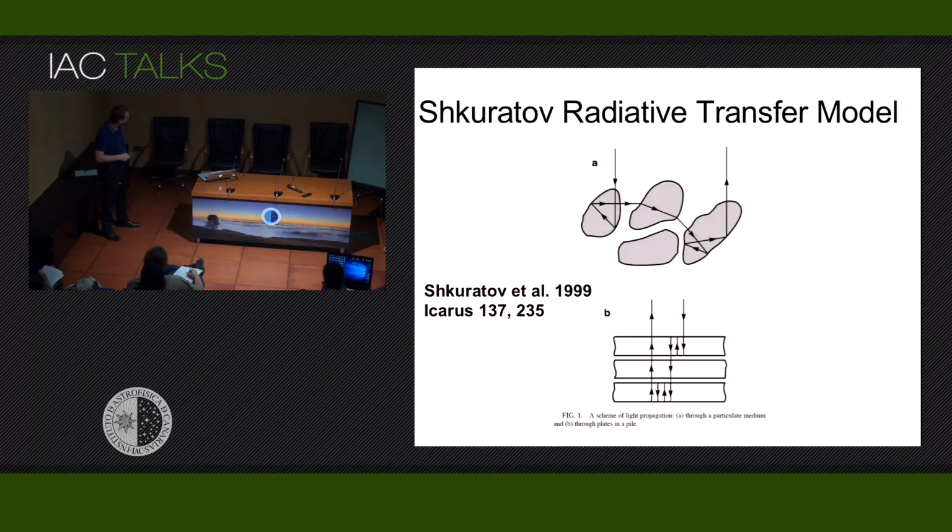In here, this is from Shkuratov's work, I would add maybe some internal inhomogeneities. They are not visible in the system that is described. So basically you have geometric optics type reflections and refractions in the system here. In reality, these particles are highly inhomogeneous. You have diffuse scattering inside. You may have surface roughness that is also diffusely scattering, and all that would need to be taken into account.